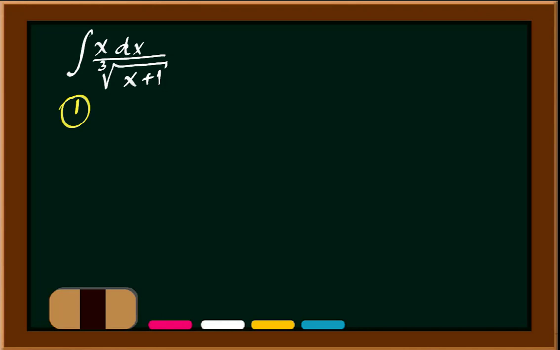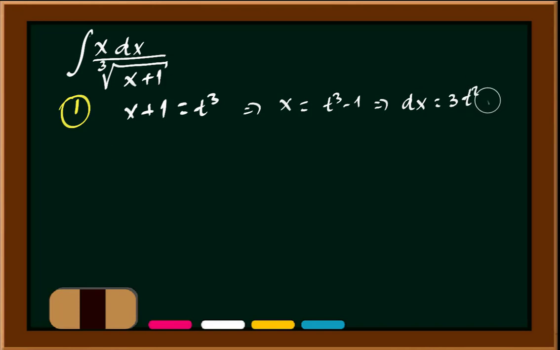the cubic root. So we are going to find a variable, and this time I'm going to use t, and I'm going to say x plus 1 is t cubed. So that will eliminate my radical, and that gives me that x is equal to t cubed minus 1, and dx is equal to 3 t squared dt.